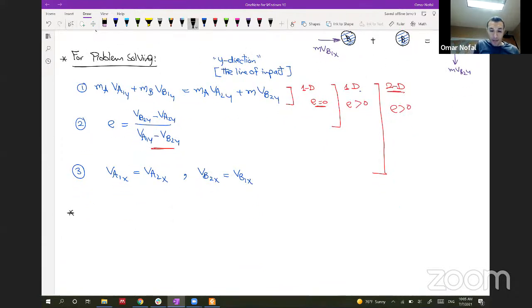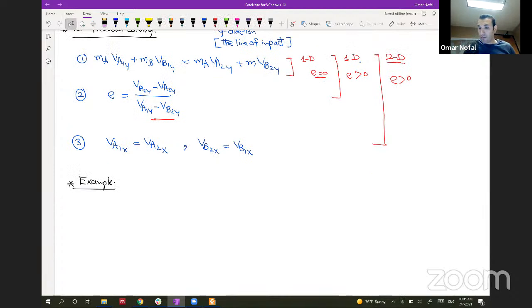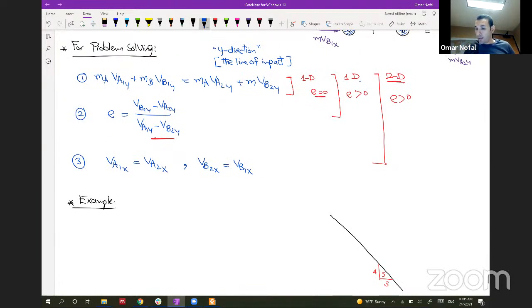So let's have an example. So if we have an inclined table, inclined with a triangle 3, 4, 5, and you have a soccer ball that will be dropped from up there, and it starts at rest, and the mass of this ball is 0.5 kilogram.